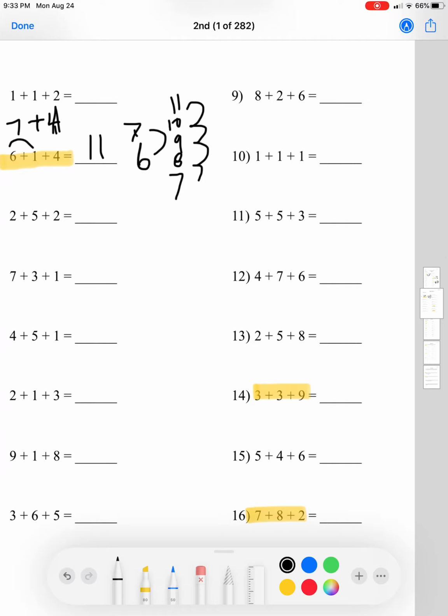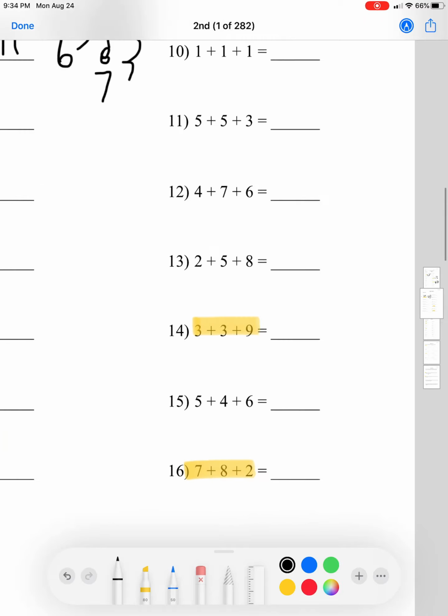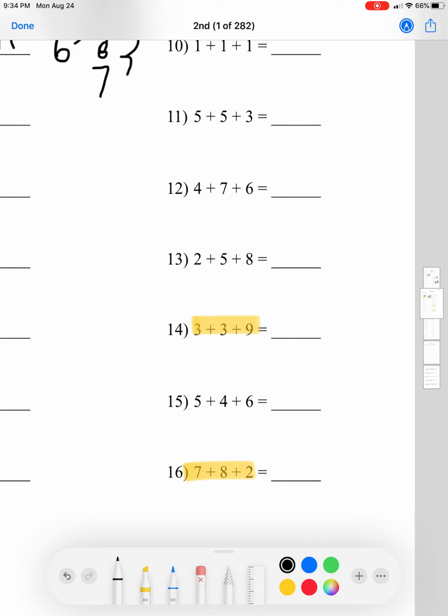Or you can draw 6 objects, add it to 1 object, and then add it to 4 objects. Now we have 3 plus 3 plus 9. Here, you can do the same thing. Add these two, 3 and 3, so we can count up 3 times: 4, 5, 6. So we know that 3 plus 3 gives us 6, or we can do 1, 2, 3, 4, 5, 6 and count that up.